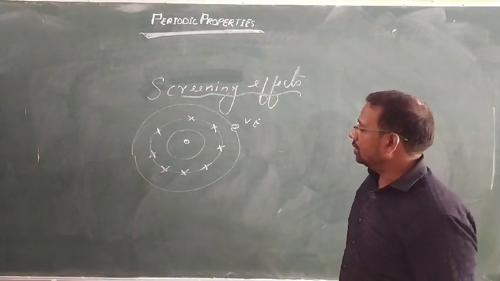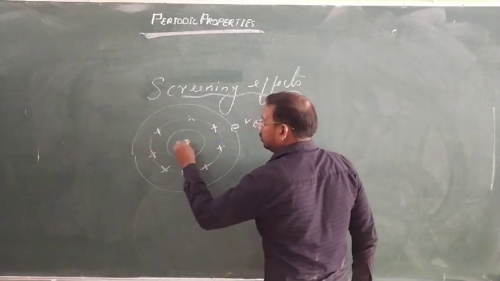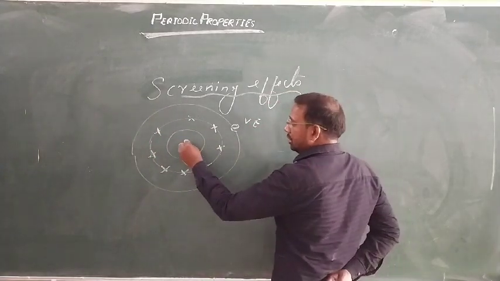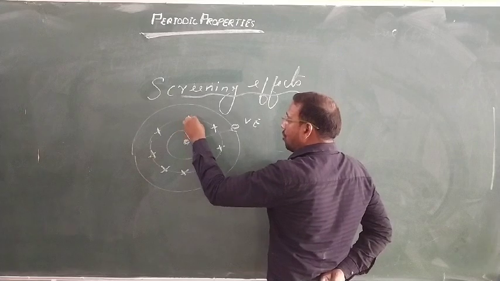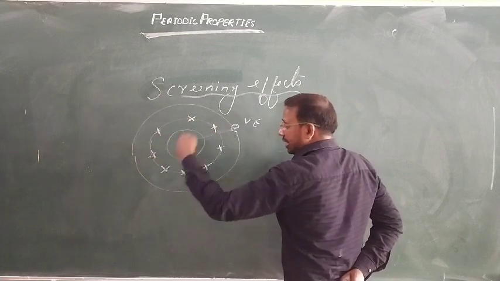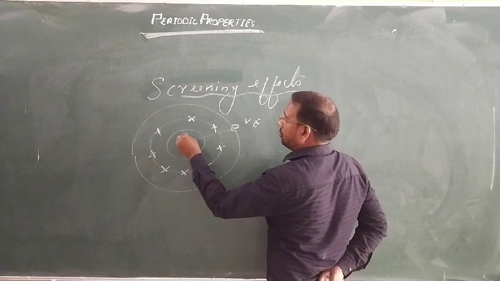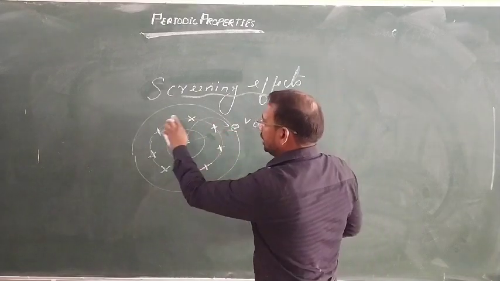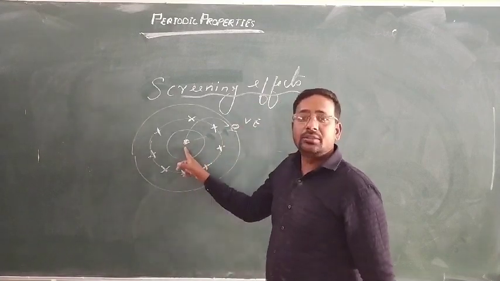So what happens? You can see that the electrons in this shell are surrounding the nucleus, and we know there is some attraction between the nucleus and valence electrons. But in this case, the attractive force of the nucleus is surrounded by the inner electrons, and as a result the attractive force of the nucleus cannot reach the valence electron efficiently because of the surrounding inner electrons.